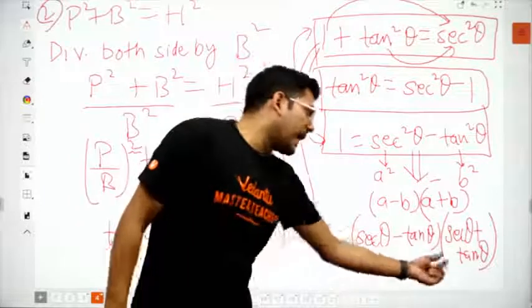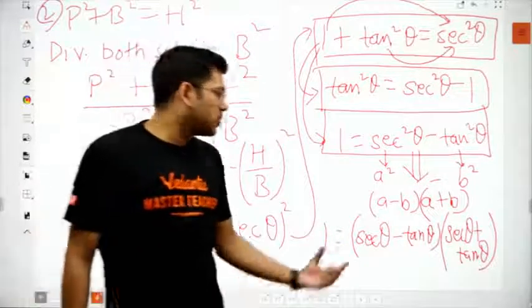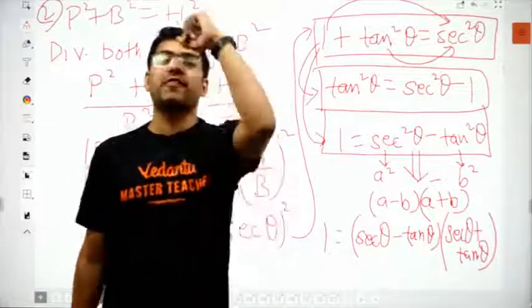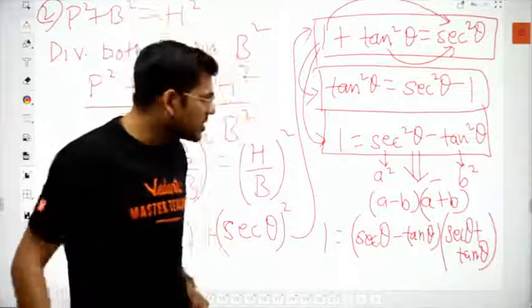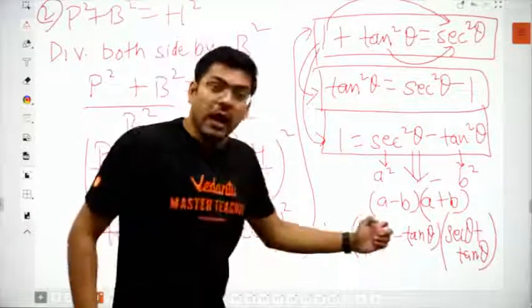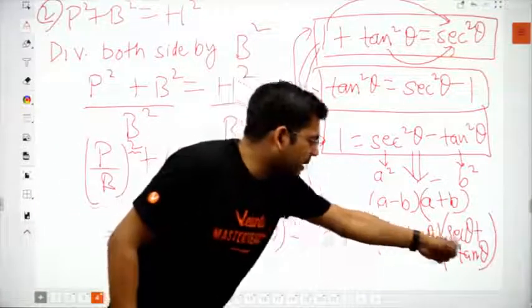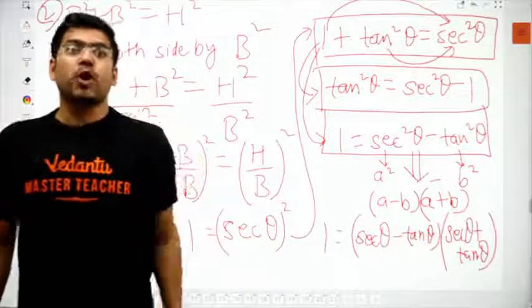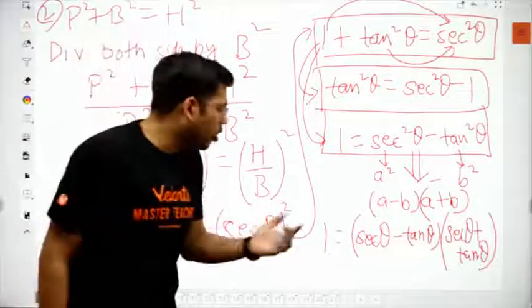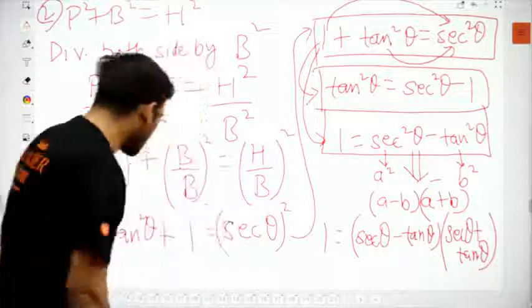Product of two brackets is equal to 1 means both the brackets are reciprocal of each other. समझ नहीं आया होगा ये बात, बिल्कुल नहीं समझ आया होगा, मेरे को पता है. Sec theta minus tan theta और sec theta plus tan theta, they are reciprocal of each other. How to be reciprocal and what does it mean? I'll show you.